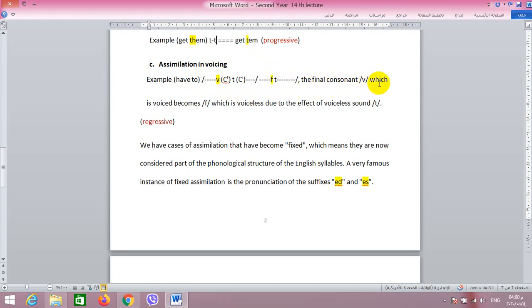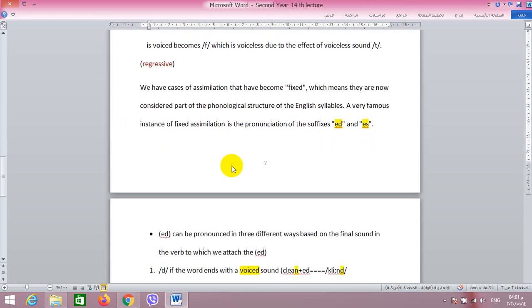The final consonant v becomes f, which is a voiceless sound, due to the effect of the voiceless sound t. Again, this is a regressive assimilation. Instead of saying "have to" in slow formal speech, we say "haf to" in casual informal speech.